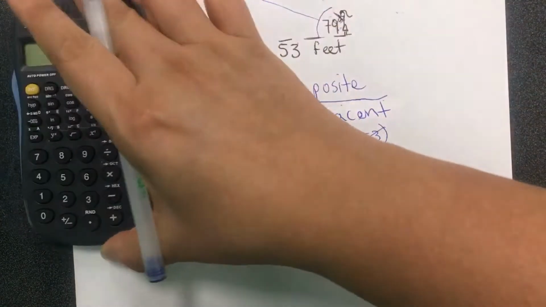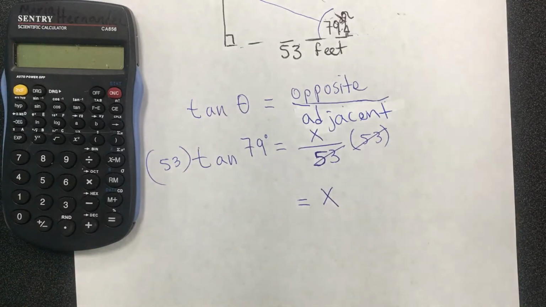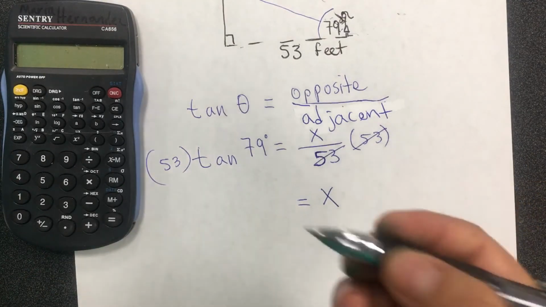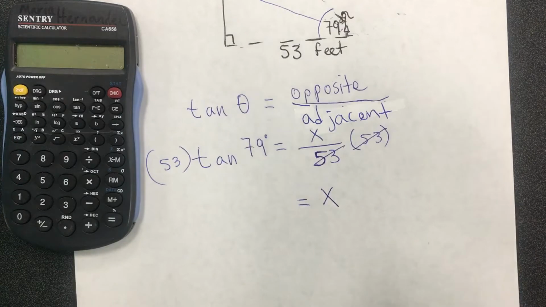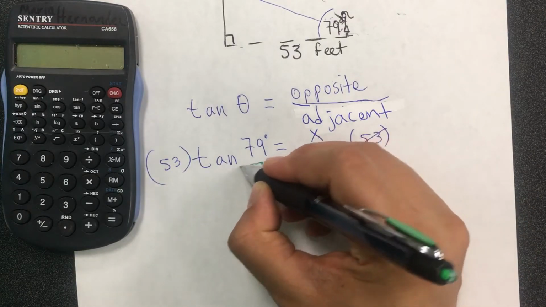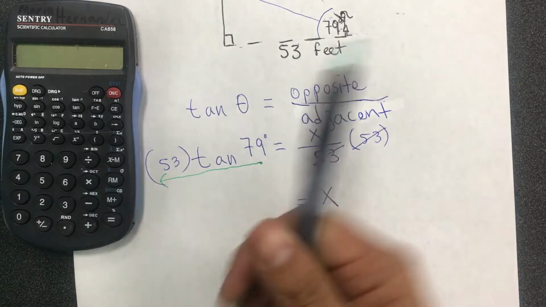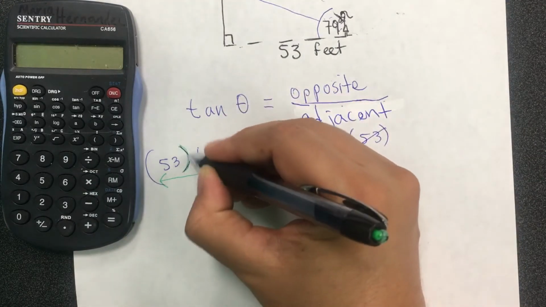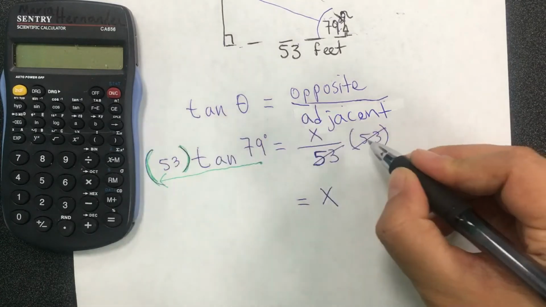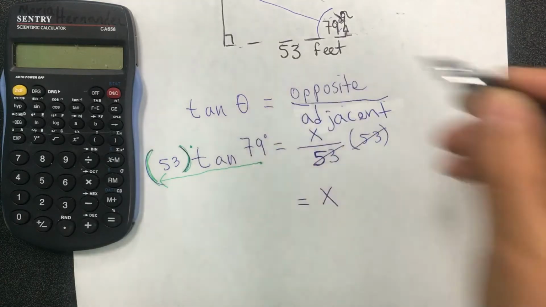So let me show you in this calculator the way you do it. I usually tell my students, draw an arrow of where you start. You're going to start right here with the 79 and go backwards if you have this type of calculator. Also remember that this parenthesis means multiplication, because if we cancel the division by multiplying, it means multiplication, okay?